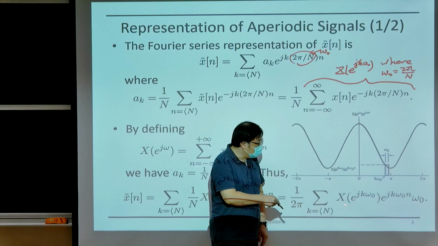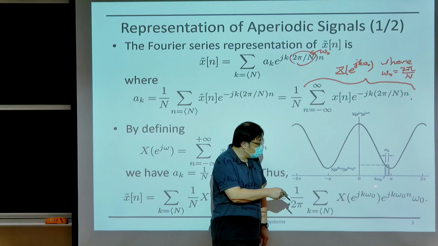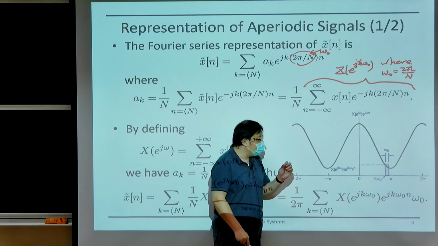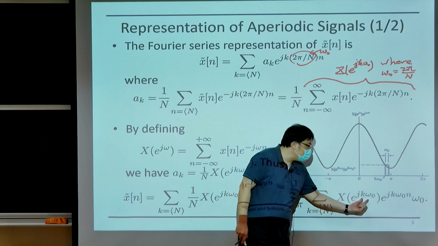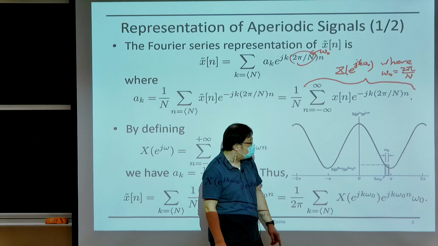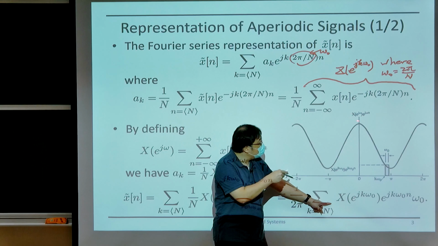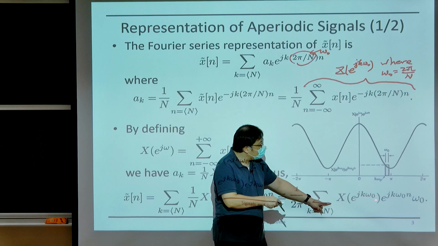So if you look at this particular value here, this is the function X of e to the j omega evaluated at the point where omega is k omega naught, okay? So this term is essentially this function here evaluated at the point k omega naught.